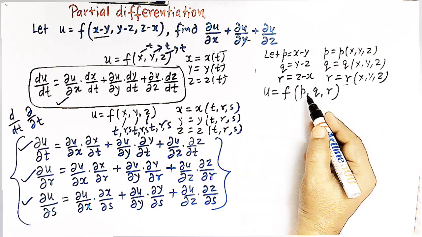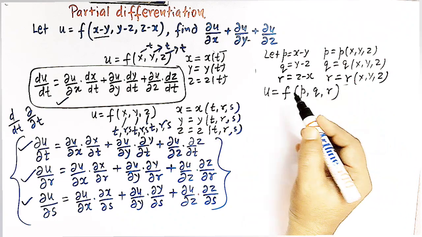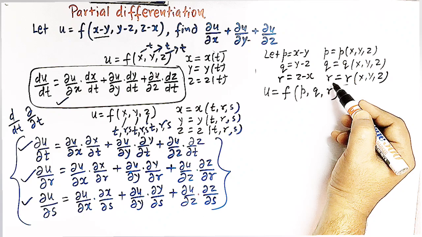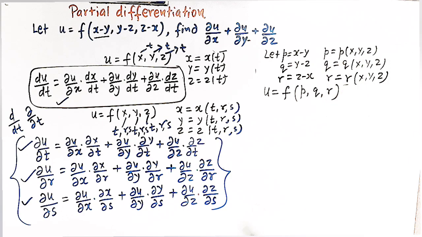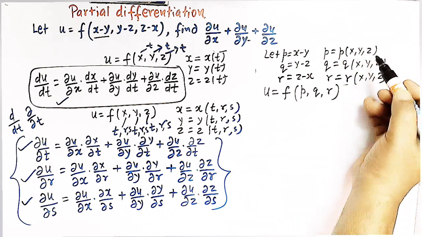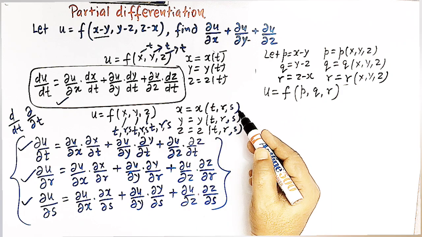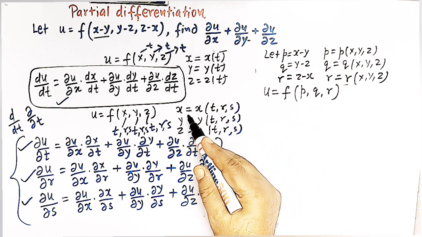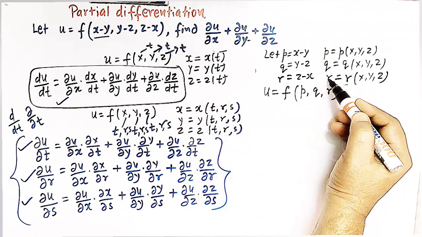So u is a function of p, q, and r, and further p, q, and r are functions of three variables x, y, and z, which we have discussed, right? So here we have p, q, r.